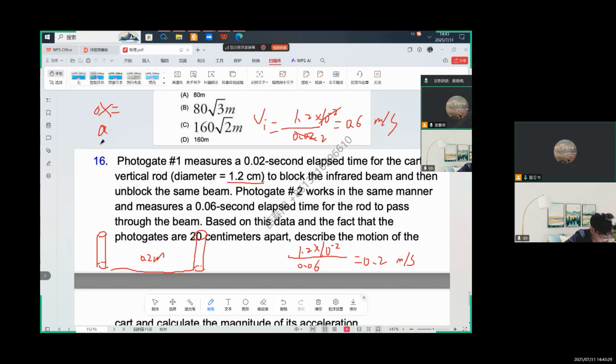Also, we know v initial and we know v final, right? Is there any formula you remember? It's a uniform acceleration or average acceleration. One of the big five that we can actually use in here.